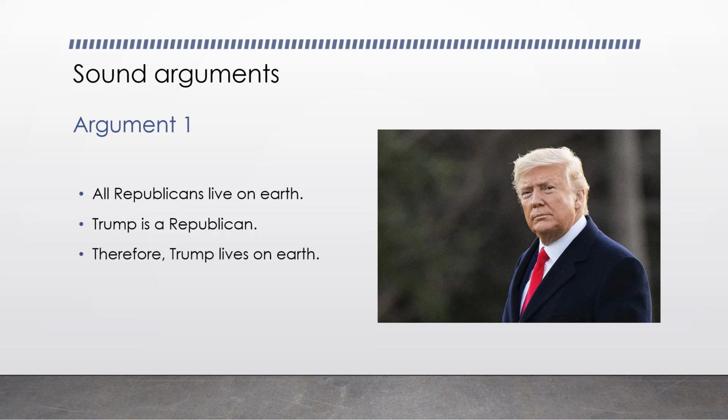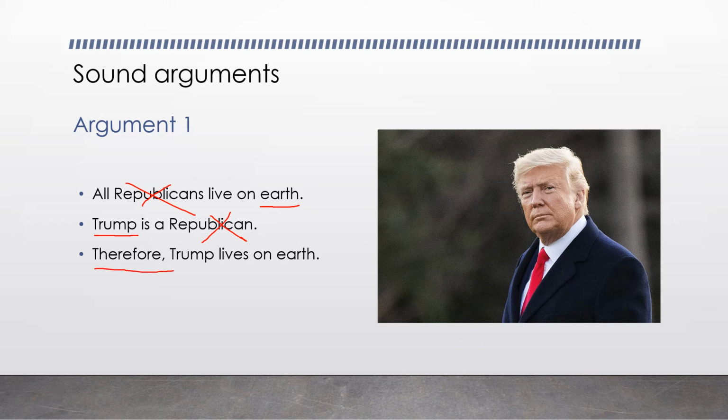Now notice what we're trying to make the argument for. It's who lives on Earth. This is the subject. Trump is a Republican. Republicans live on Earth. If we simply swap out the term Republican, because Trump has been equated to Republican, it is very easy.